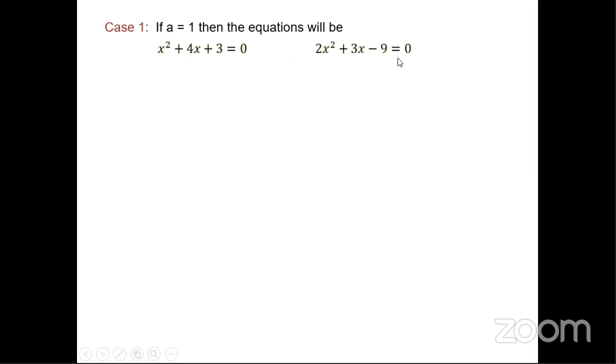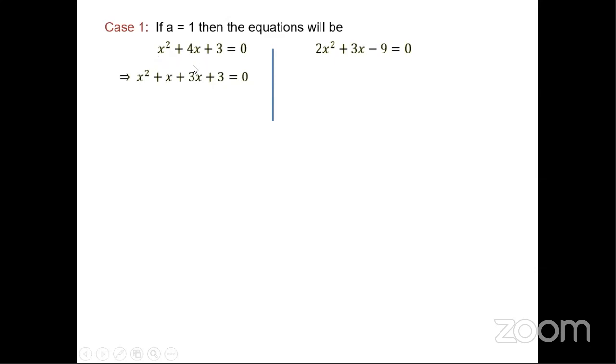And your second equation is 2x square plus 3ax minus 9. Instead of a, when I substitute 1, you will get 2x square plus 3x minus 9 is equal to 0. Then we will go for simplification of the first one by factorization. You will have it as, see that 4x, I'm splitting it as x plus 3x.